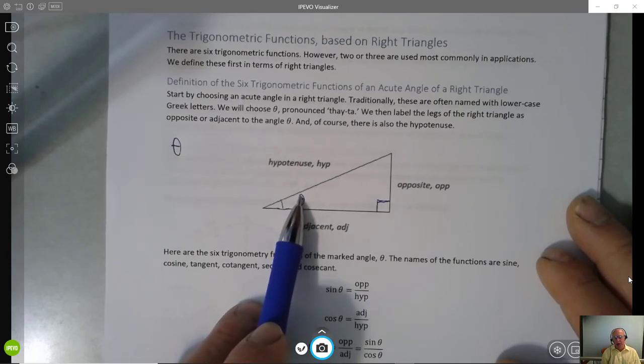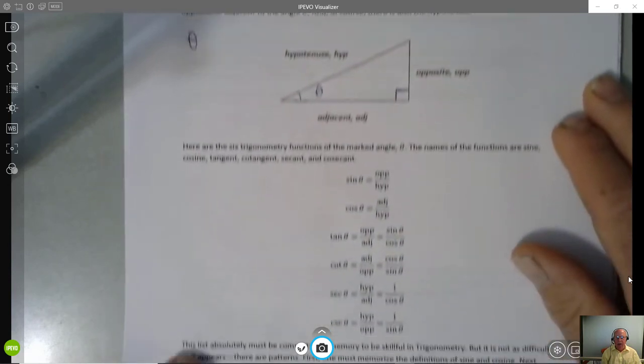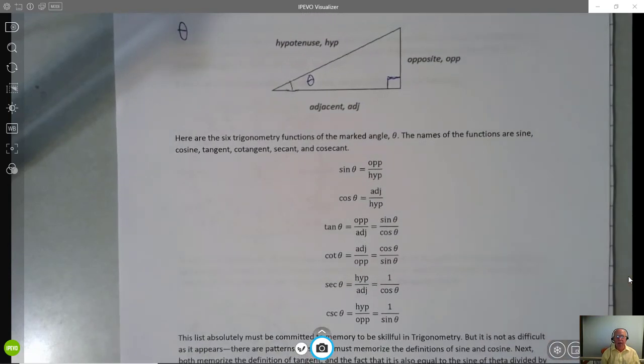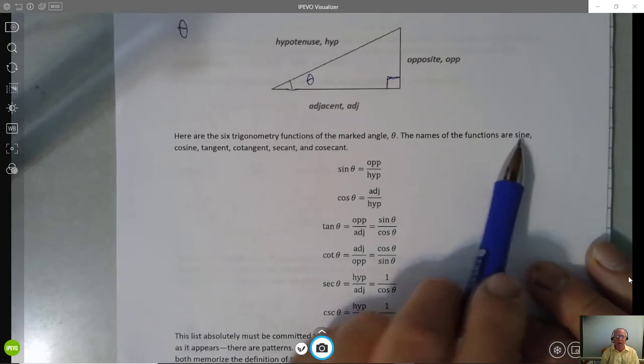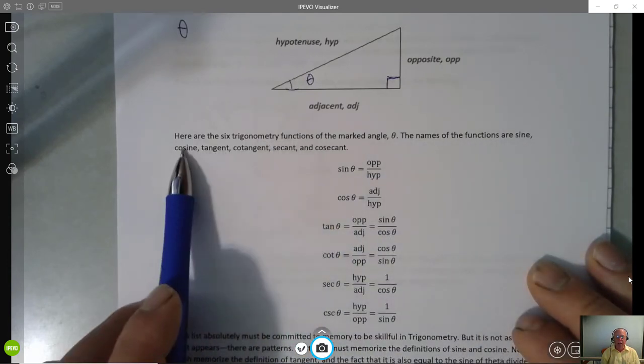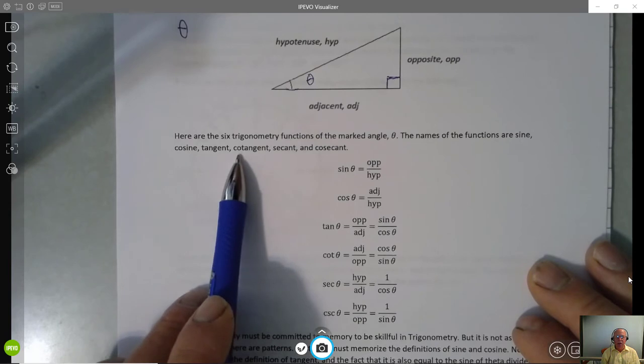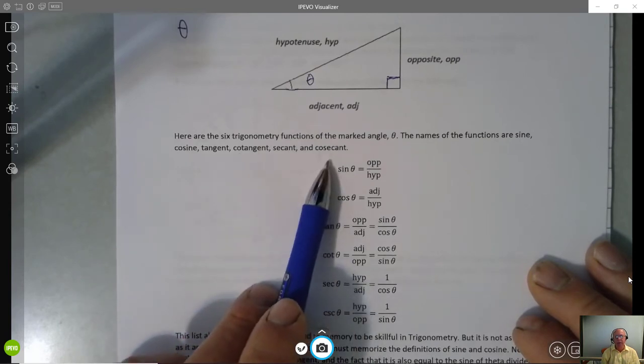And now I'm going to give the definition of the 6 trigonometric functions for this angle theta. Well, they're right down here. And they have names, by the way. They are written out in full here just above: sine, cosine, tangent, cotangent, secant, and cosecant.